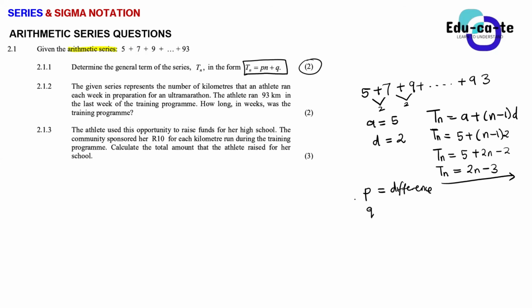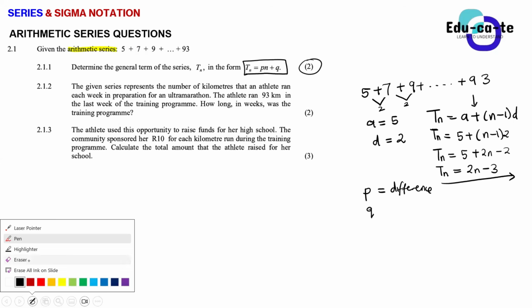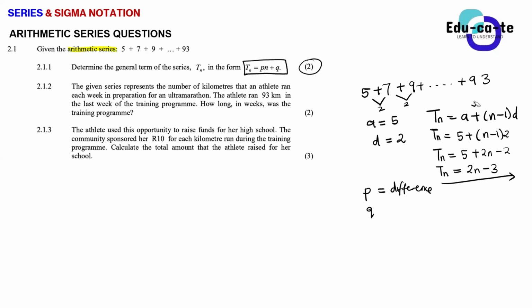Yeah, you can still do the same thing, literally the same thing. But usually the convention that we use is to find it using the first term, but you can still use this general one by substituting the values. Still also okay. So this is 2.1.1.